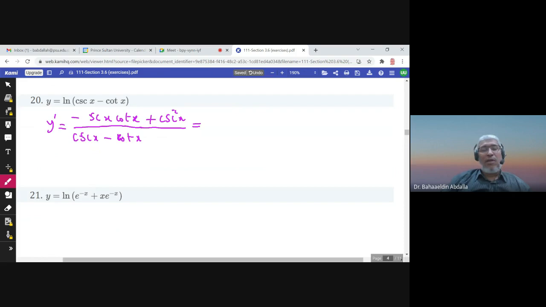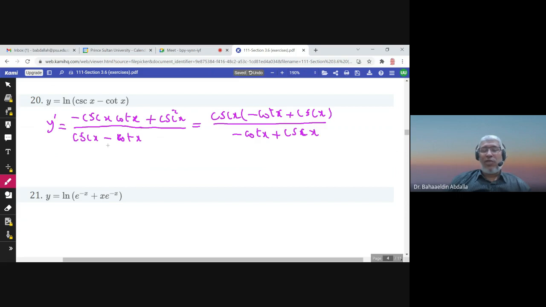Well, this is cosecant x cotan x. I can take cosecant as a common factor. So taking cosecant as a common factor, I'll have negative cotan x plus cosecant x over negative cotan x plus cosecant x.